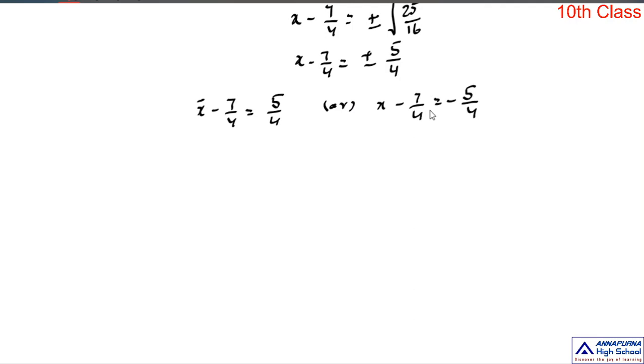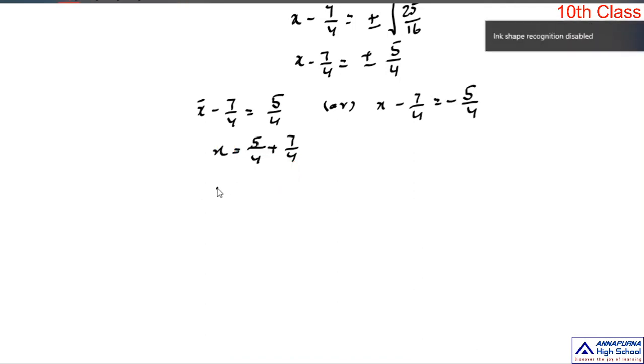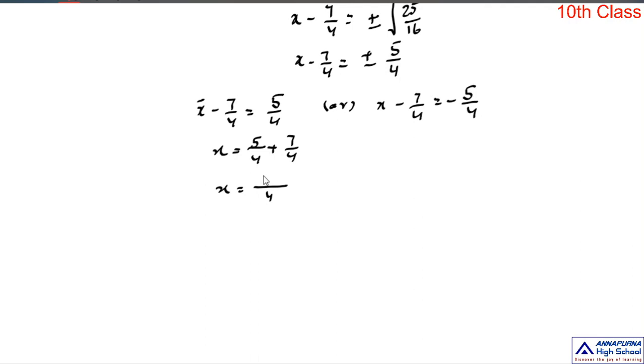These two are linear equations in one variable. We can easily solve them. So x minus 7 by 4 is equal to 5 by 4. That implies x is equal to 5 by 4 plus 7 by 4. So x is equal to, 4 is the LCM, and 5 plus 7 is 12. So x is equal to 12 by 4, it is equal to 3.